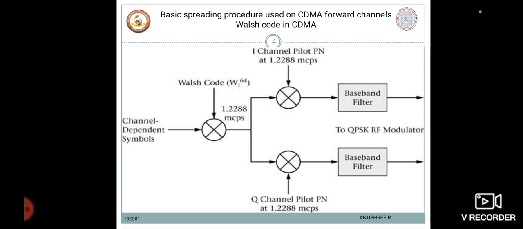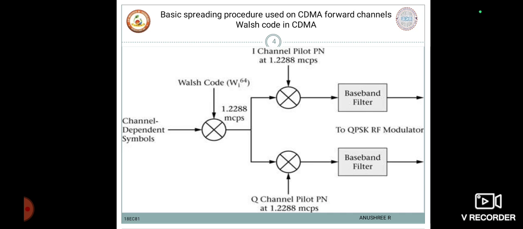Then the signal is further scrambled in phase and quadrature phase, that is, the I channel pilot and the Q channel pilot, by two different short PN pseudo-noise spreading codes. These short PN spreading codes are not orthogonal codes. However, they have excellent cross correlation and auto correlation properties that make them useful for this application.